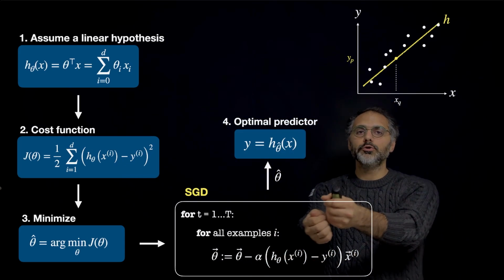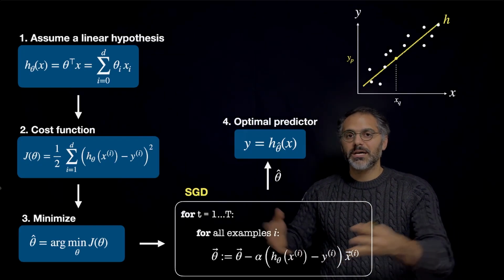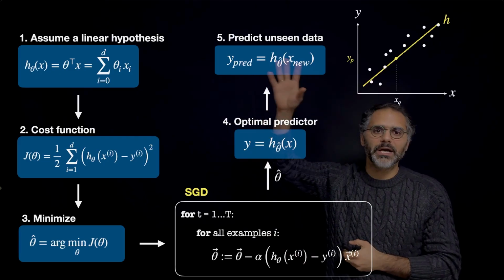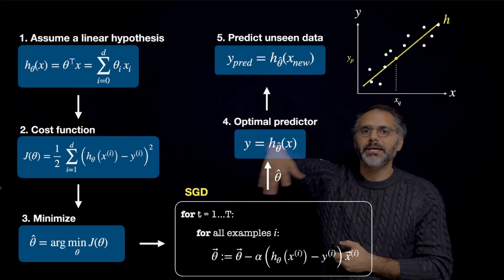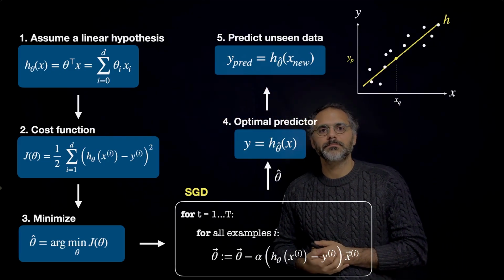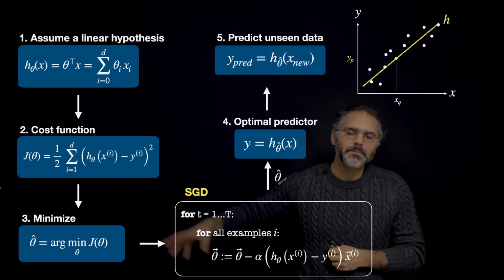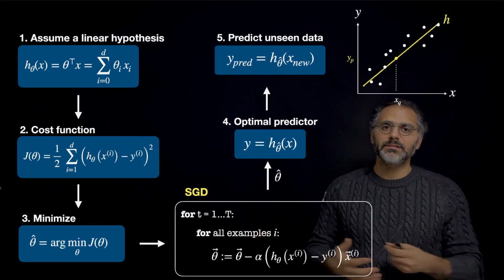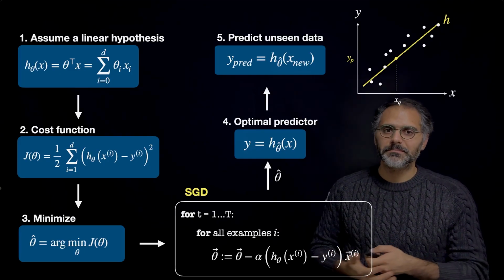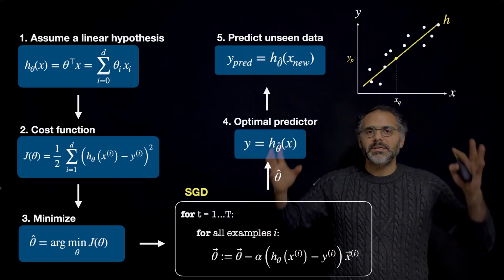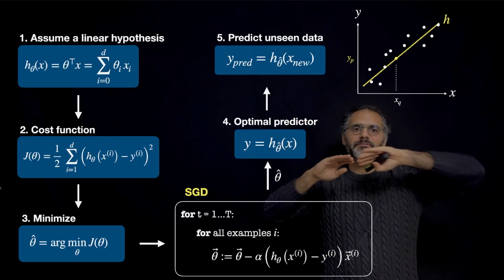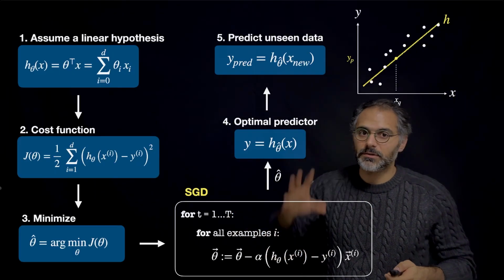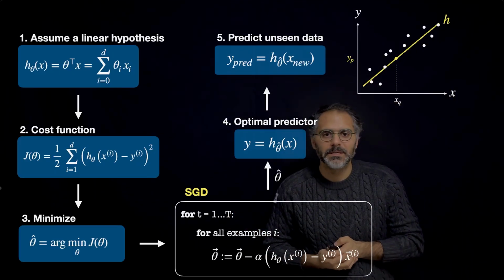So I give you now a new apartment size, and you'll tell me what's the price. So you get an X new, and then you pass it into your H, and you get your Y prediction. Right? And so this process applies not only to linear regression, but as you'll see, to a wide variety of supervised learning algorithms, if not all of them. And it always ends up being some kind of curve fitting, where you're fitting a function through a bunch of points. And this is what it's all about.